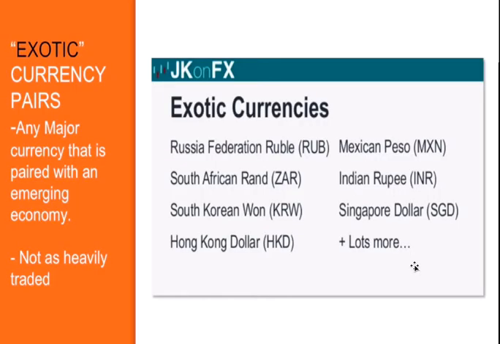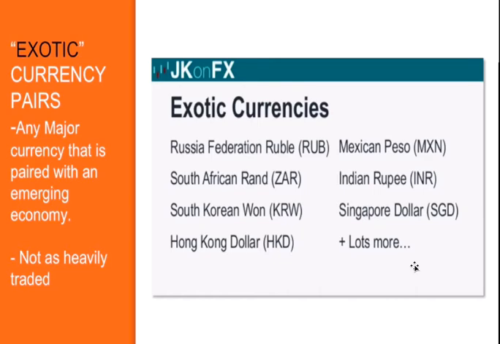Then we have the ones we call the exotic currency pairs. When you hear the word exotic, it means that these currency pairs are not so popular or so heavily traded. These are usually any major currency that is paired with an emerging economy's currency. Whenever a major currency like Euro, USD, GBP, Japanese yen is paired with an emerging currency, you have what we call exotic pairs.